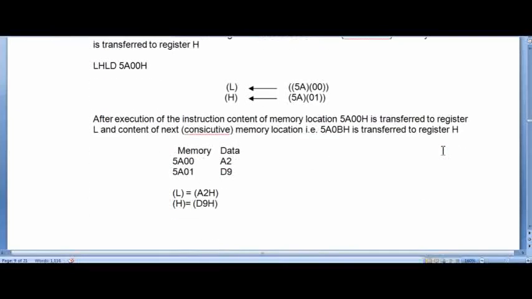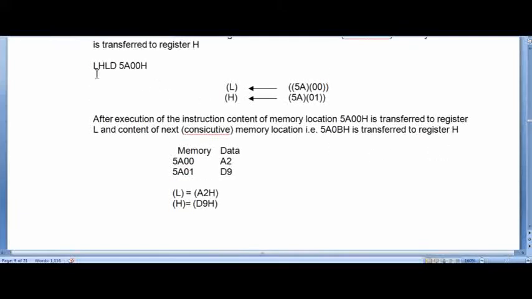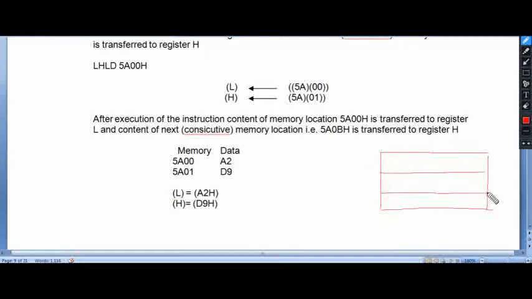Let us go to a specific example. The idea will be clear. The specific example here is LHLD 5A00. LHLD 5A00, that means we have to bring the number to register L and register H. From where is the number to be brought?